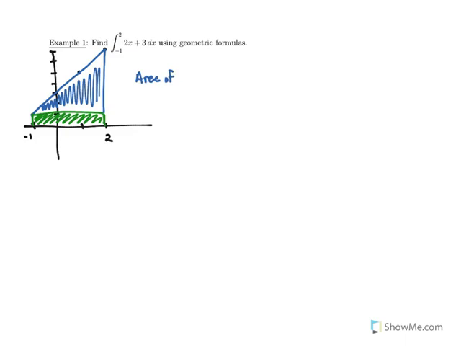So let's think first of the area of the triangle. That's going to be 1/2 base times height. In this case, the base is 3, and this height is going to be from 1 to 7, so this is 6. This will give us 1/2 times 3 times 6, which is 9 units squared. Then the area of the rectangle is just base times height.